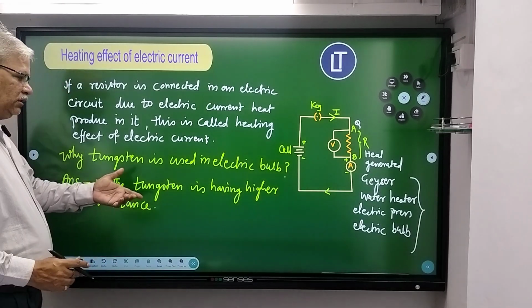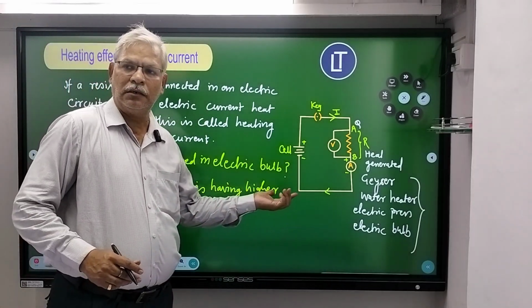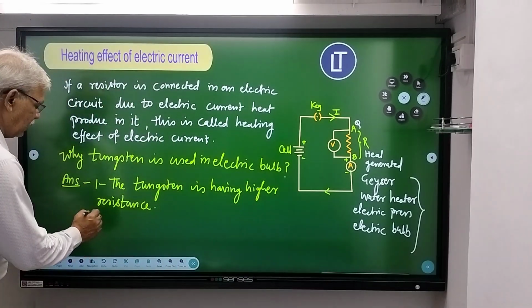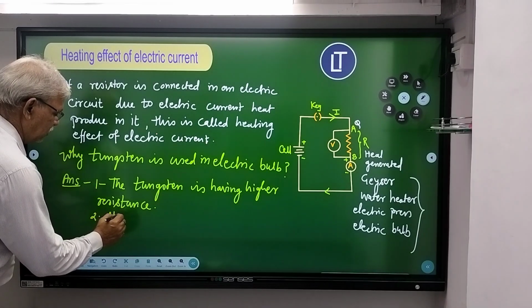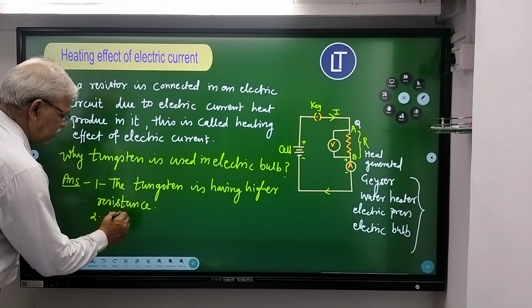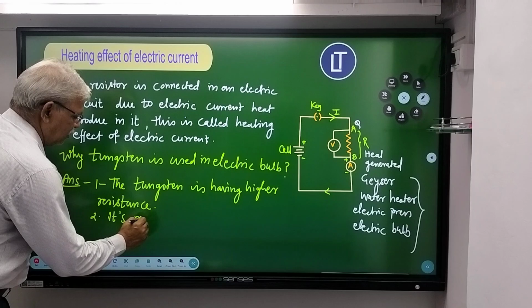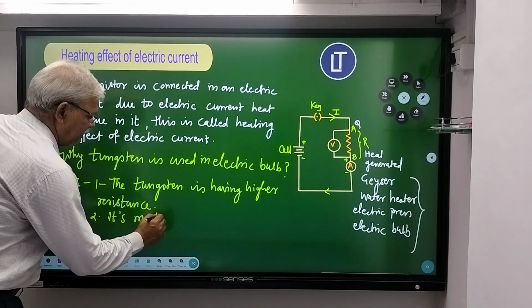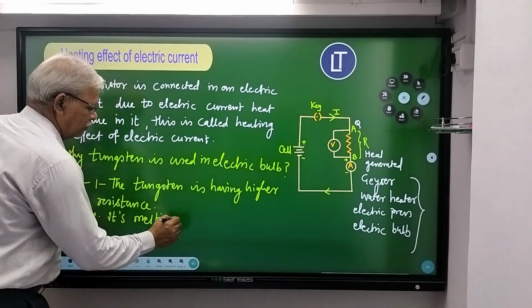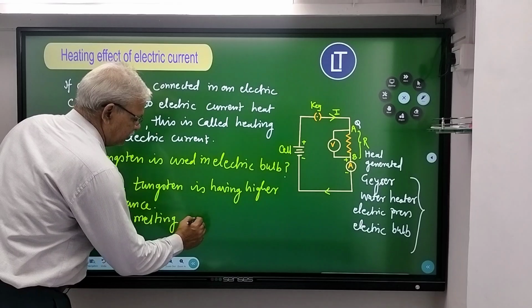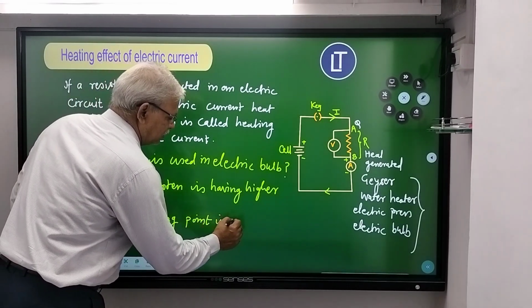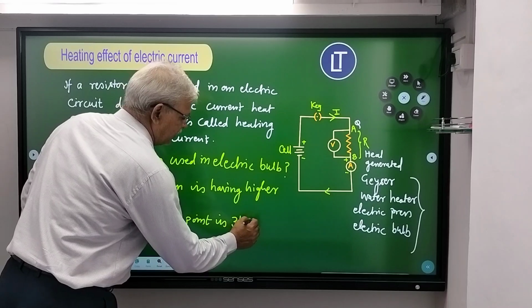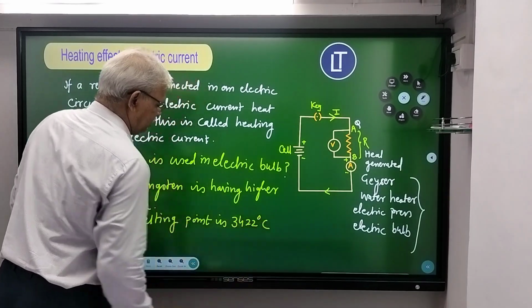Tungsten is having higher resistance. And second point, its melting point is 3422 degree Celsius.